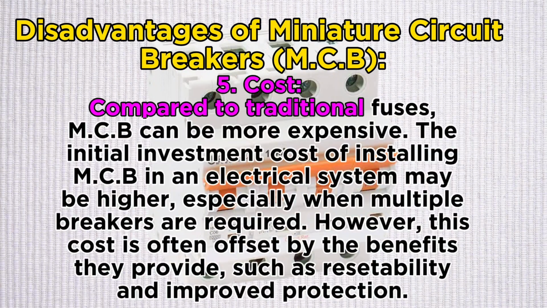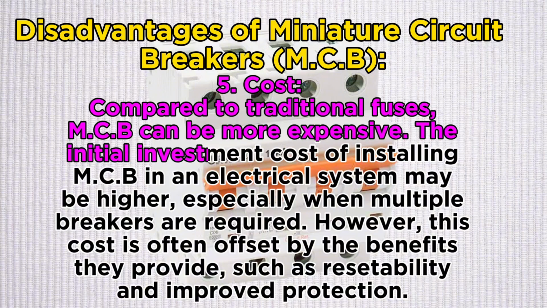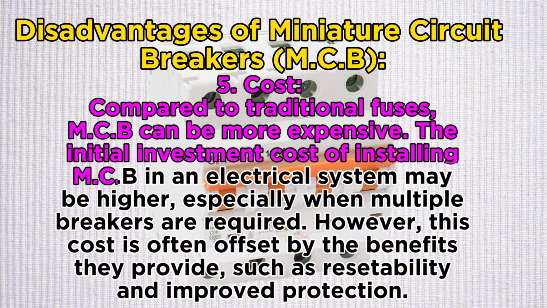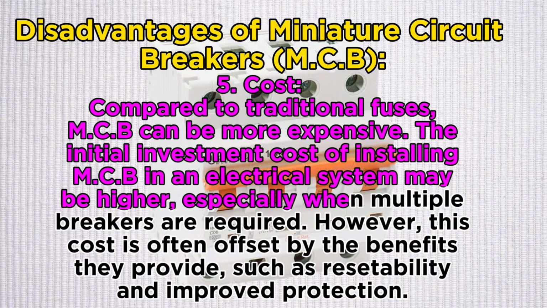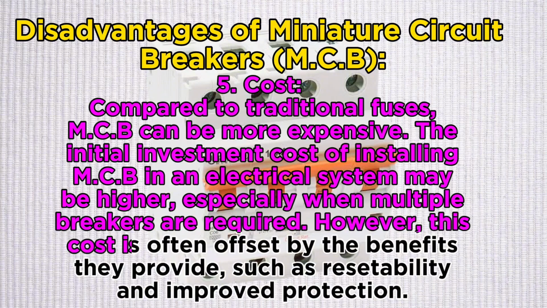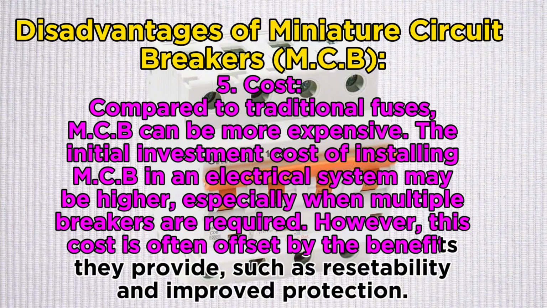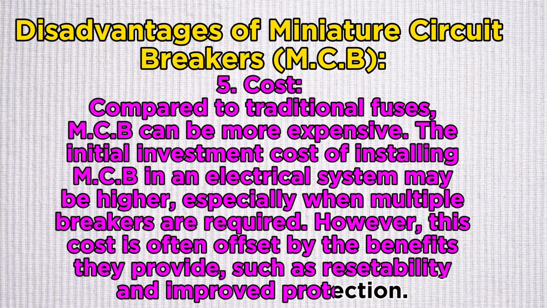Cost. Compared to traditional fuses, MCBs can be more expensive. The initial investment cost of installing MCBs in an electrical system may be higher, especially when multiple breakers are required. However, this cost is often offset by the benefits they provide, such as resettability and improved protection.